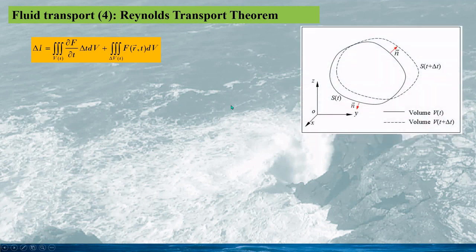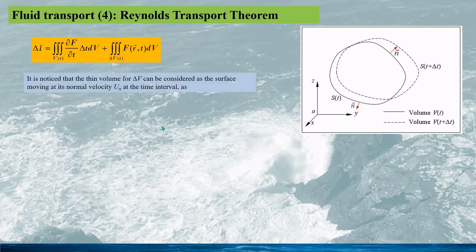Look at the figure. We can see the change of the volume delta V can be calculated as a small surface dS moving in its normal direction n at the velocity un in the time interval delta t. Thus, dV is given as this.